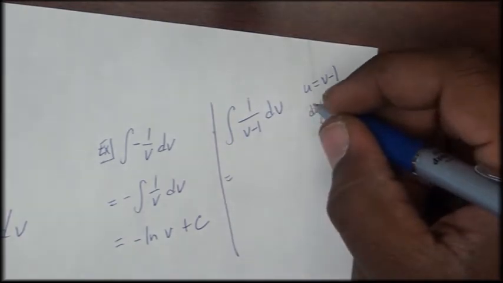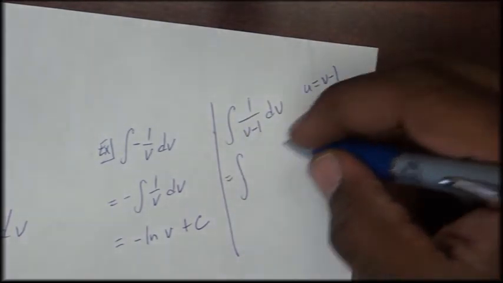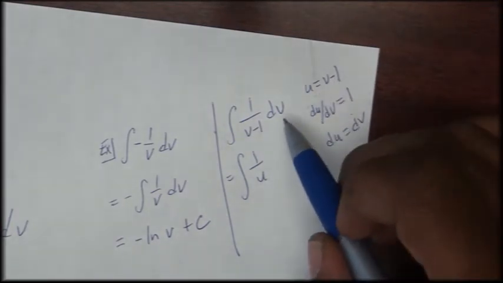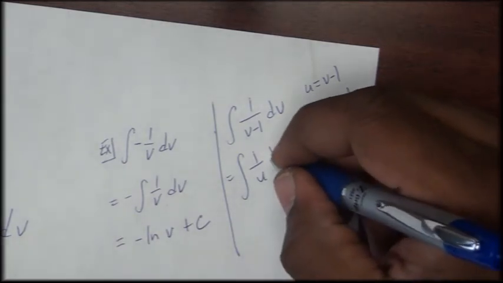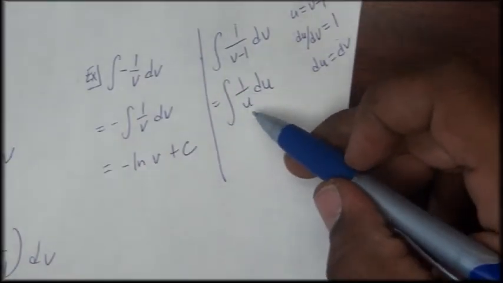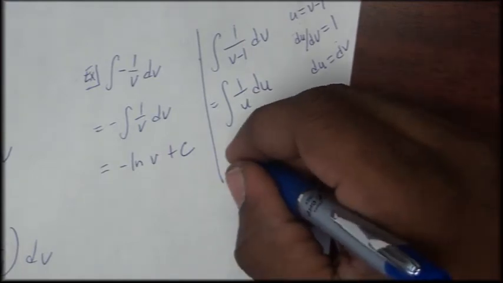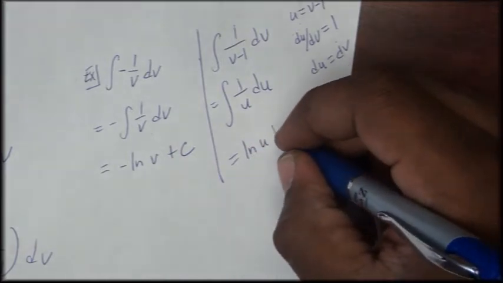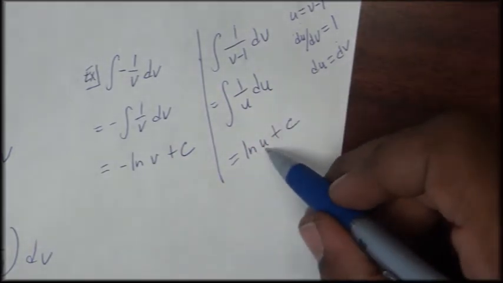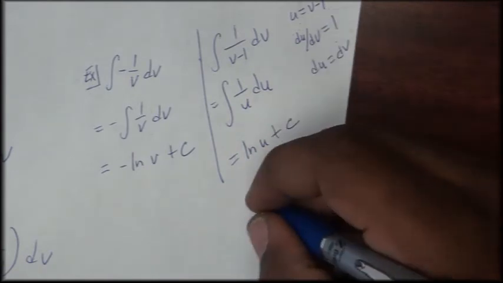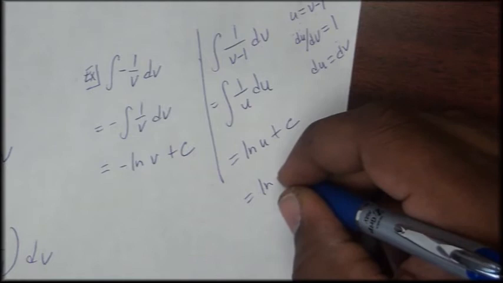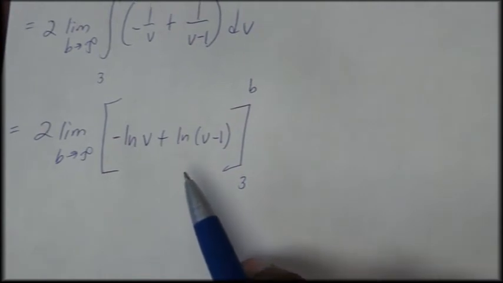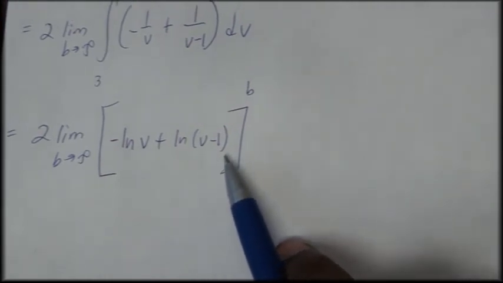This is the integral of 1 over u, because we can replace v minus 1 with u, and we can replace dv with du. Once again, from your formula sheet, the integral of 1 over u is the natural log of u plus c. And keep in mind that u is v minus 1, so we have the natural log of v minus 1 plus c. So we have our result, the natural log of v minus 1.